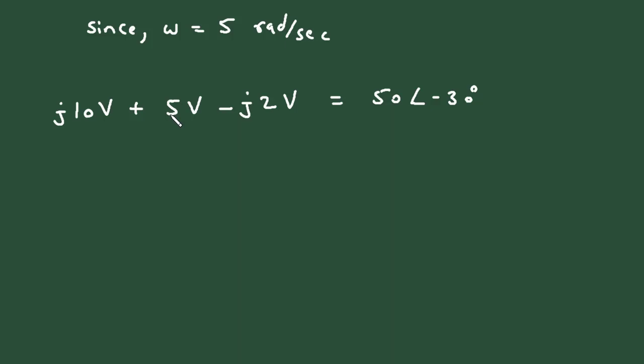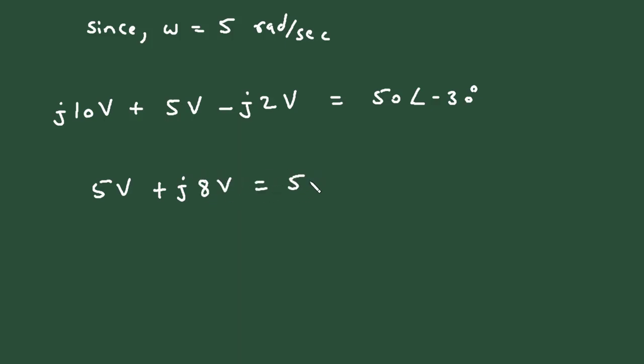Now we will solve this. So here we can see this is the real part, so 5v as it is, and now this imaginary part 10v minus 2v. So this will be plus j 8v.